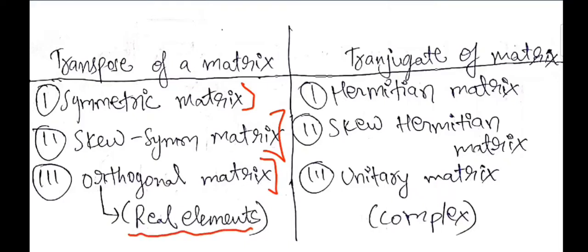The conjugate of a matrix has three types: Hermitian matrix, skew Hermitian matrix, and unitary matrix, which have complex elements. All these are the topics on which we are going to proceed in the upcoming classes.